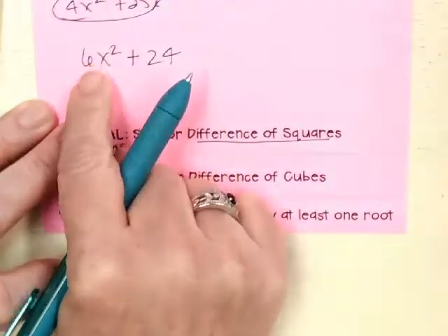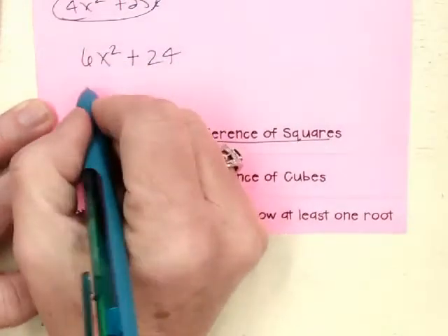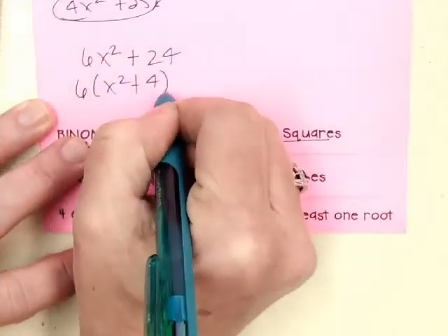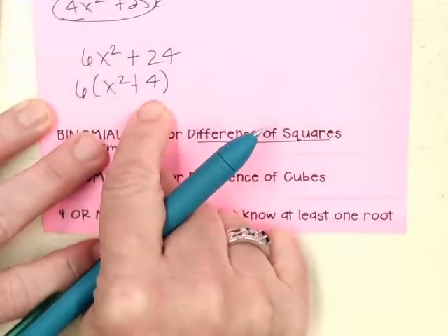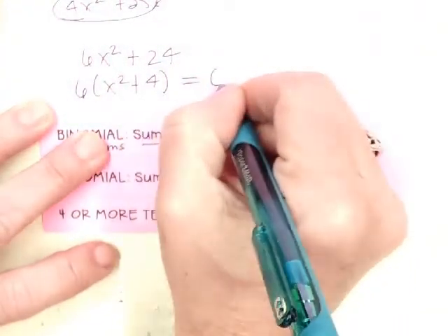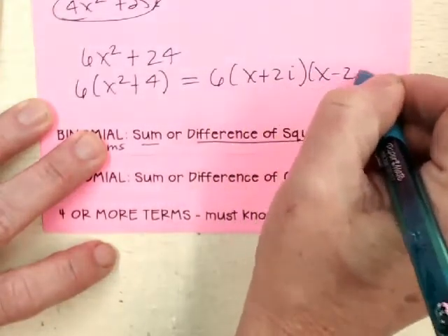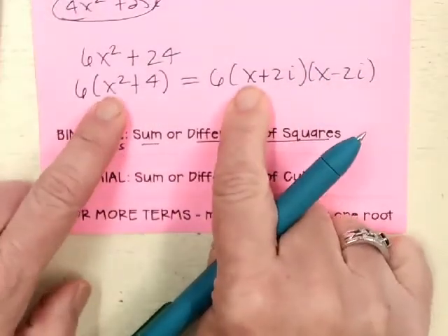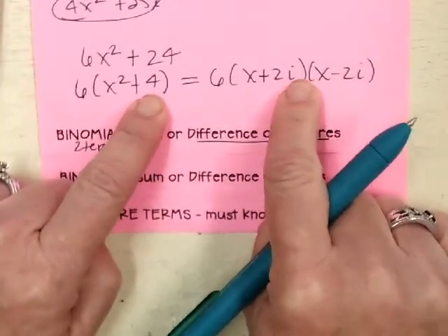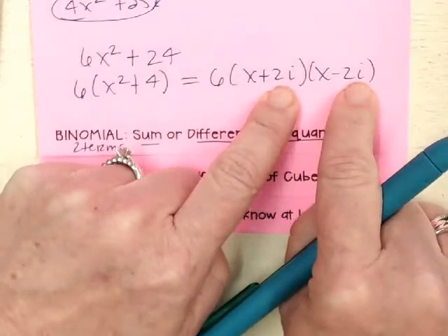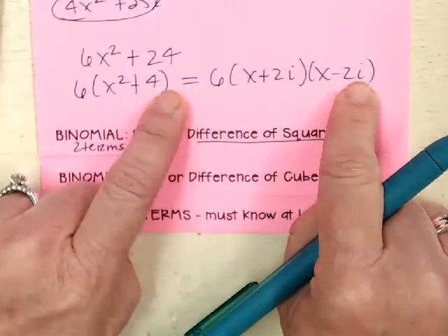Obviously not a perfect square plus a perfect square, but I can take out a greatest common factor of 6. And now it is a perfect square plus a perfect square. So I have 6 times x plus 2i, x minus 2i. You take the square root of the x squared, you take the square root of the 4, but you've got to put that imaginary part in it. So that gives me a negative 4i squared, which turns into a positive 4.